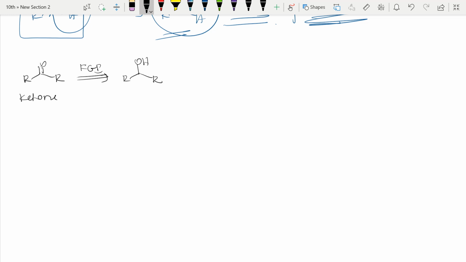But in retrosynthesis, see here, this arrow represents retrosynthesis, right? In retrosynthesis it is backward, so we call it oxidation, because when we want to convert this secondary alcohol to ketone, we need to do oxidation. So in retrosynthesis we are going backward, so instead of writing reduction, we write oxidation here. So here functional group conversion is nothing but oxidation.